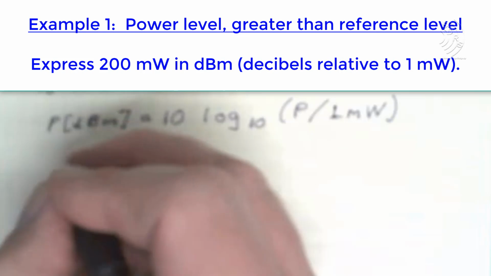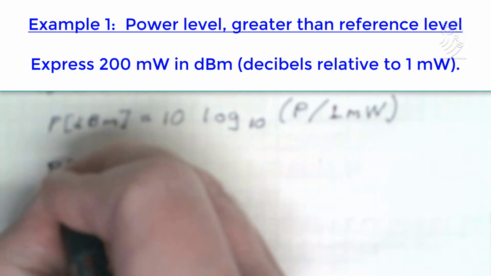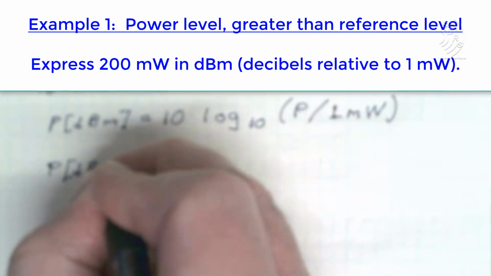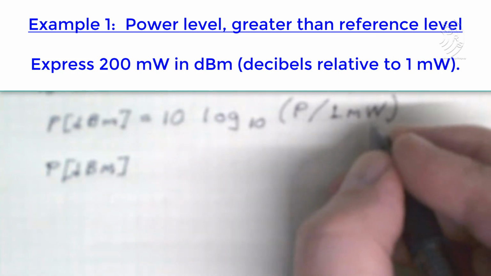And in this case, we'll plug in the value 200 milliwatts, which, as you can see, is greater than 1 milliwatt.